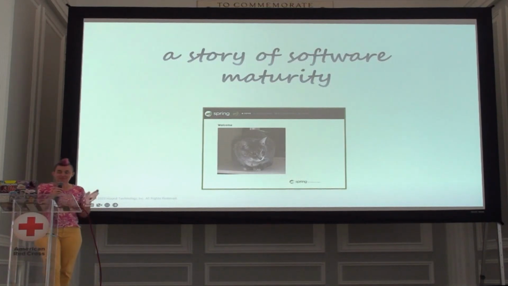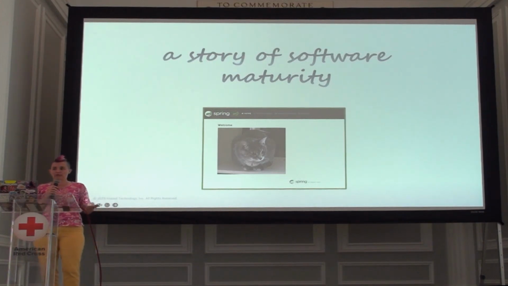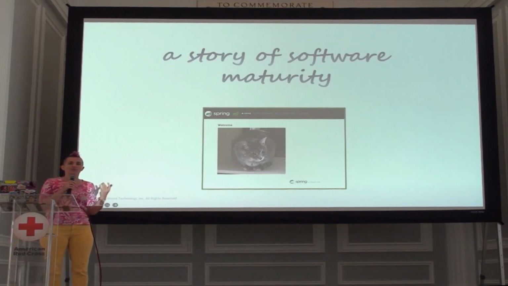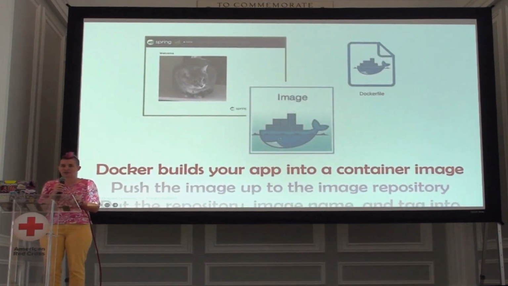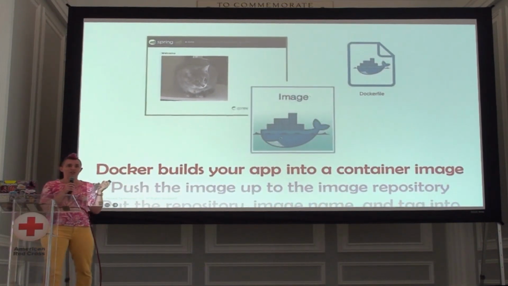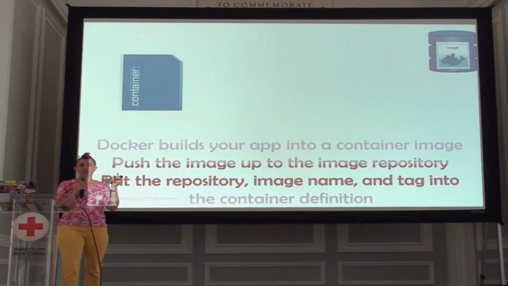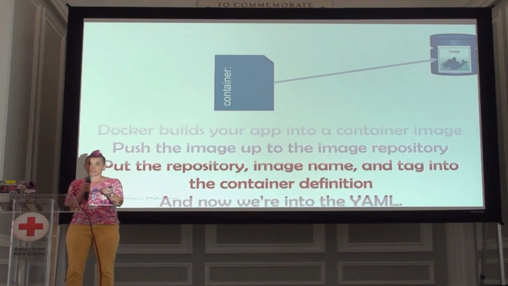All right. So I forked the app, and then I want to get it running. I could run it locally, but that's boring. As our software matures, we have different ways of deploying it, right? So first, Docker builds your app into a container image, push the image up to the image repository with the repository image name and tag it to the container definition, and now we're into the YAML.